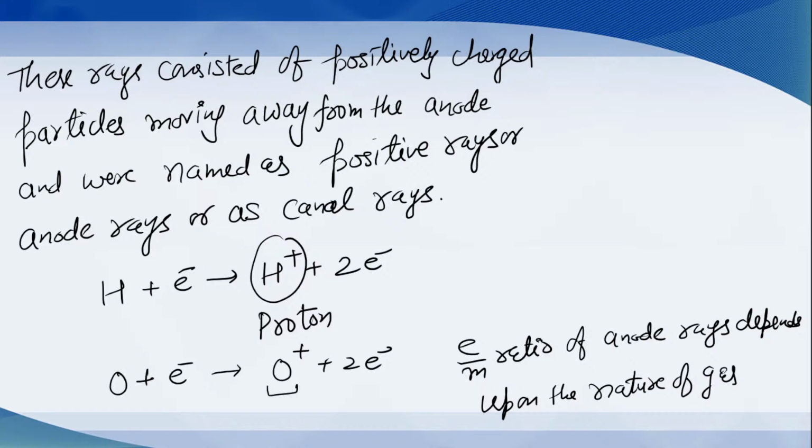Actually, in cathode rays, there are electrons only, and in any atom, the charge and mass of the electron is the same. So whatever material we have used, if electrons are emitted from it, every electron has the same charge and the same mass. So its charge to mass ratio is the same. It is independent of the nature of the gas or the nature of the material of the cathode.